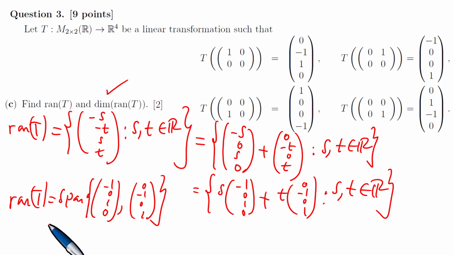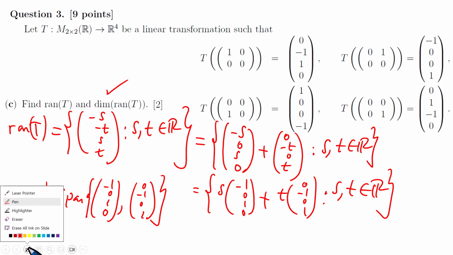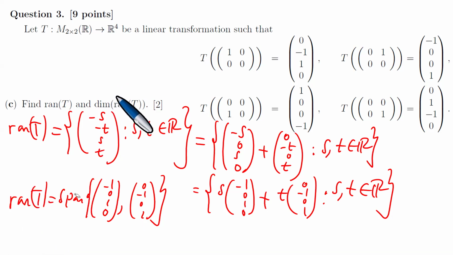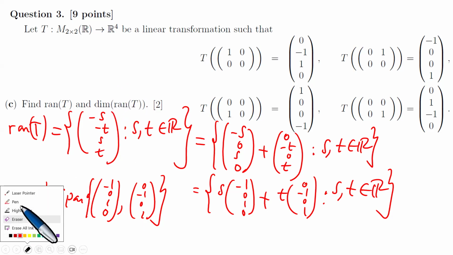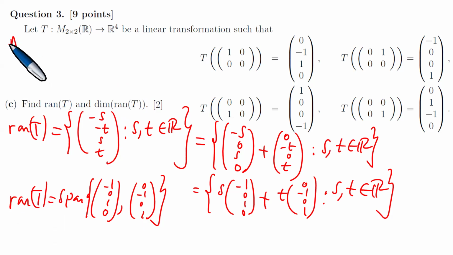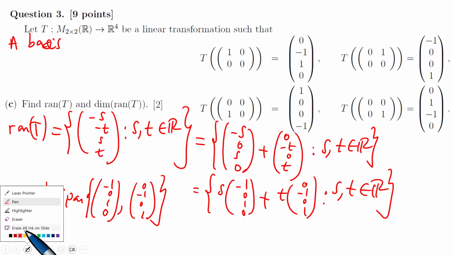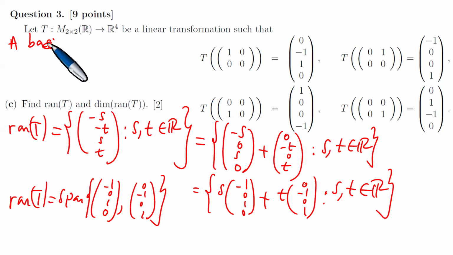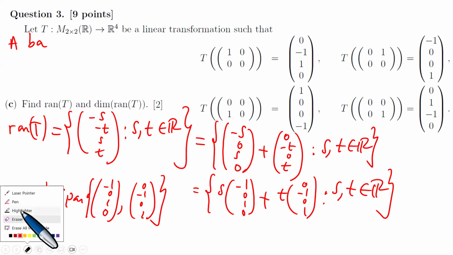But now at this point, these two guys give us something interesting, and now we're able to find the basis. So we can say a basis because there are many. A basis for the range of T is as follows.